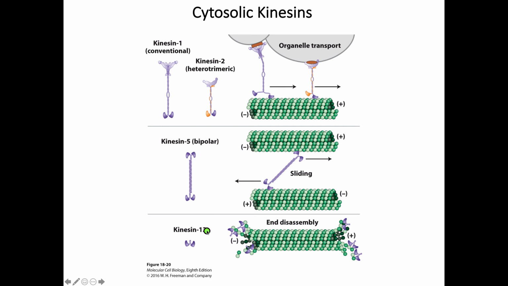Then you have another group, which is kinesin 5. It is very different from these. It is bipolar in the sense that at each end it has a foot. So it binds two adjacent microtubules, and they make these microtubules reorganize in different areas.